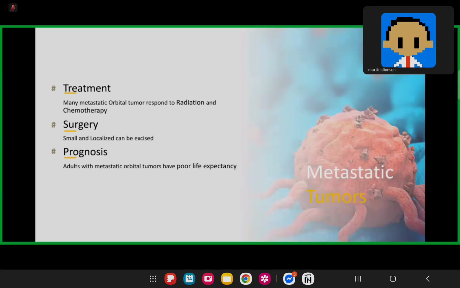Later, with advancement in cancer therapy, survival and prognosis would probably be better. But since if it's metastatic, chances are it's already a severe disease.